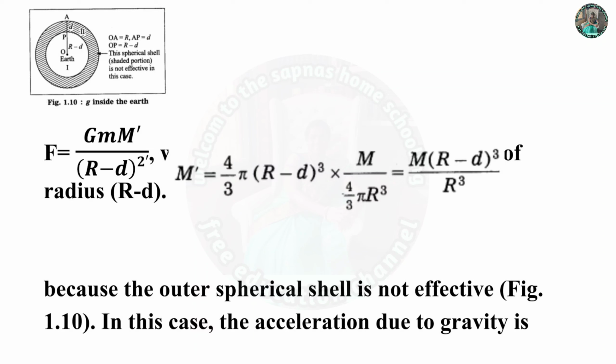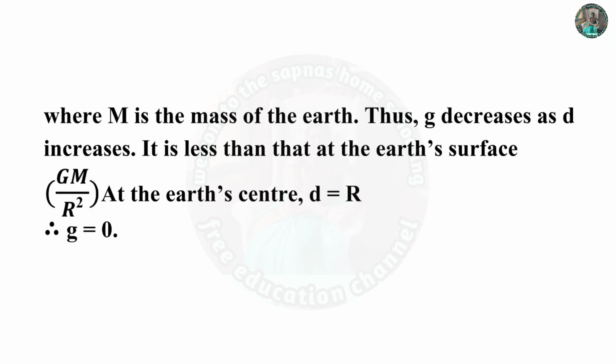In this case, the acceleration due to gravity is g' = GM(r − d)/r³, where M is the mass of the earth. Thus, g decreases as d increases. It is less than that at the earth's surface, GM/r². At the earth's center, d = r. That's why g = 0.